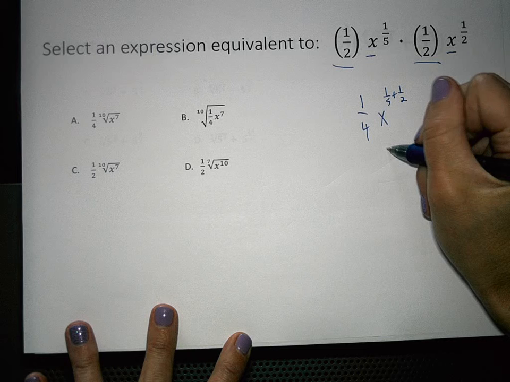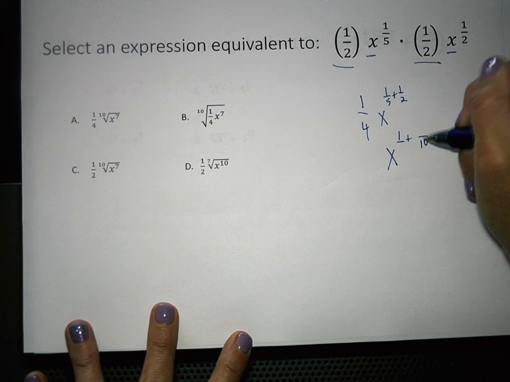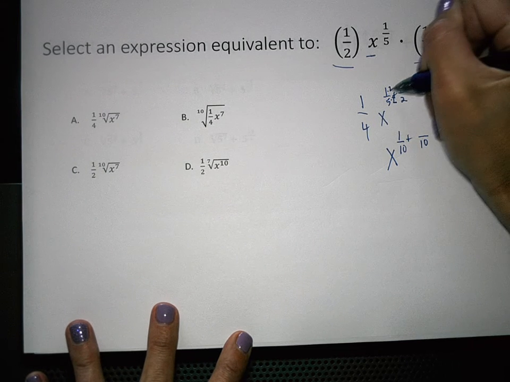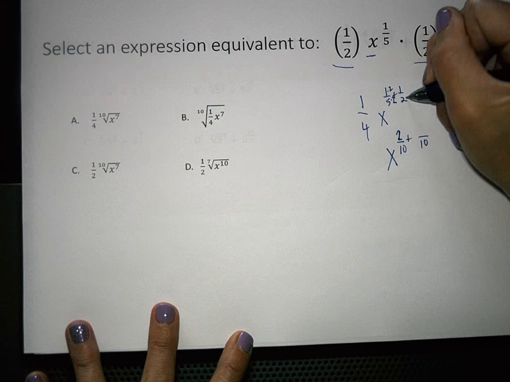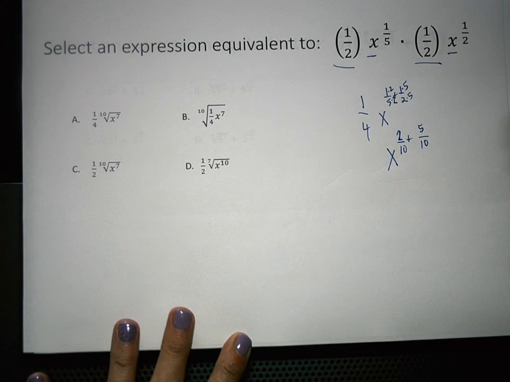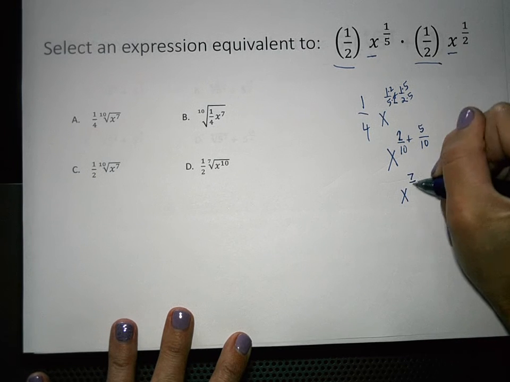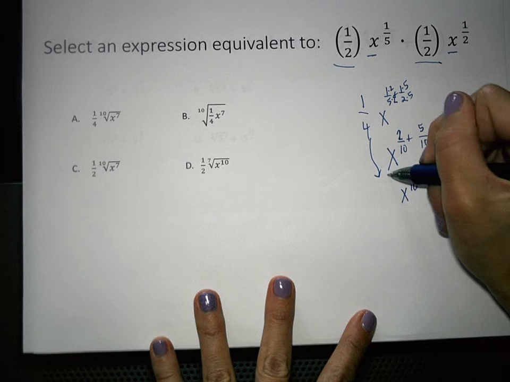So again, we're going to go x. The common denominator would be 10. And so 5 times 2 makes 10, so 1 times 2 makes 2. 2 times 5 makes 10, 1 times 5 is 5. We go ahead and add those together and we get x to the 7/10. And then I also still have that 1/4 in front.